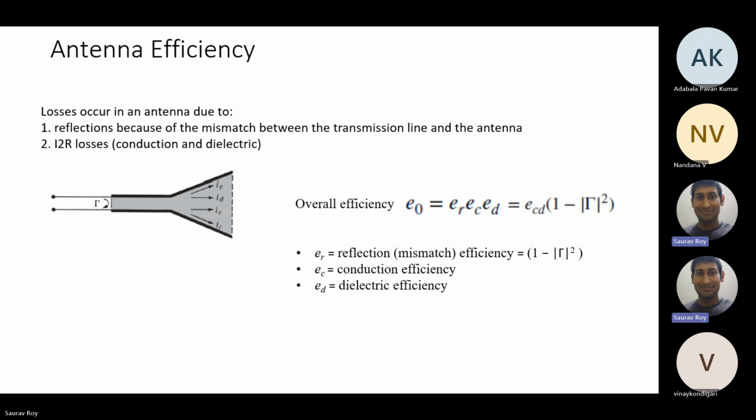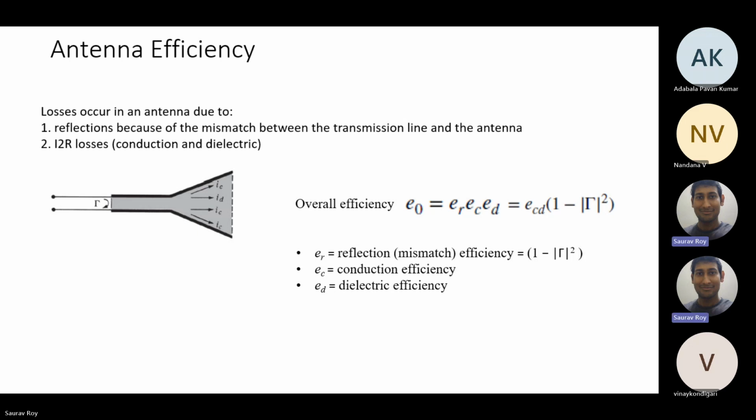The second loss is I square R loss, which comes from circuit theory, from conductors and dielectric. We have to take care of all these things because when we talk about directivity, we receive at some point in the far field. First, we have to take how much power is actually getting transmitted. So there are all these losses you have to take care of.